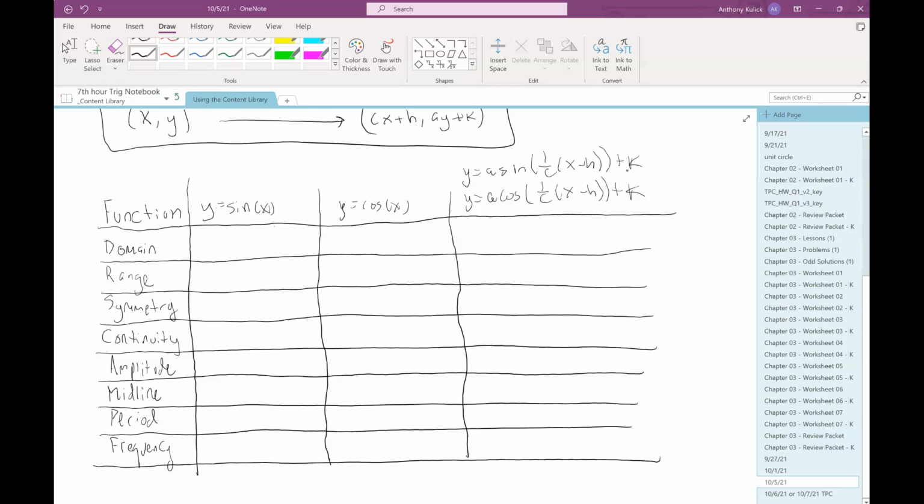To do that, we defined a standard position angle where one side is on the positive x-axis and then the terminal side rotates around. What that did is it allowed us to describe angles of any size, right? The angles can be negative, positive, as big as you want, as small as you want. We can always draw an angle for it. Everybody's good with that?